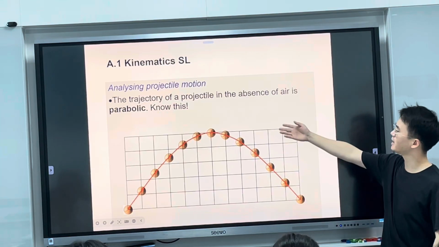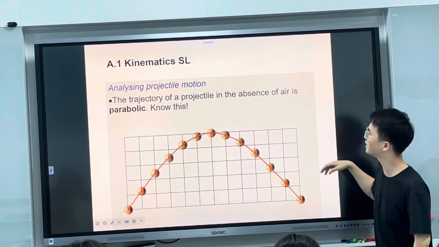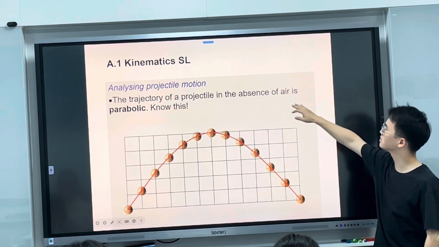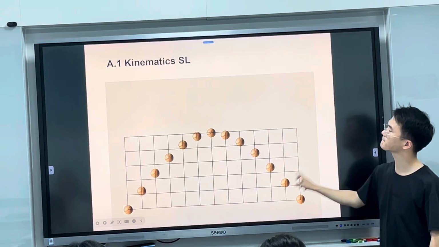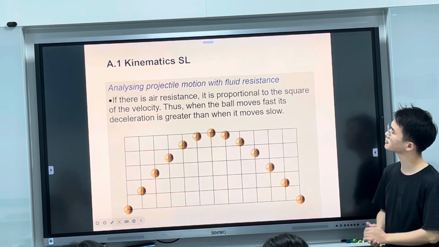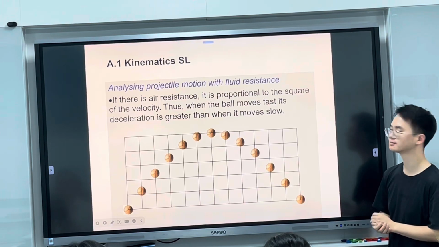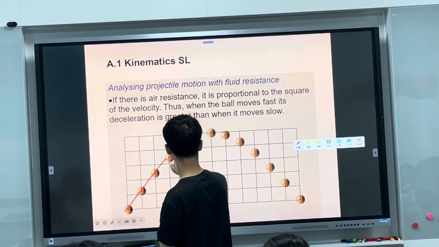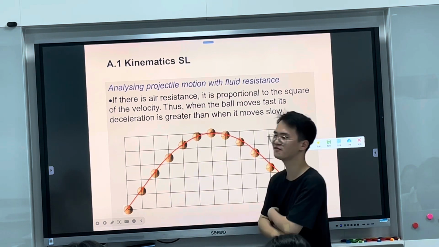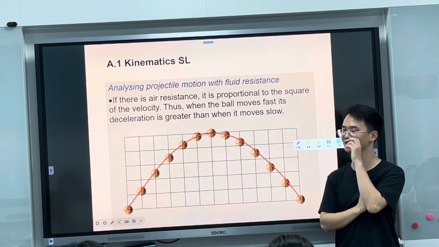All right, the trajectory is parabolic with the absence of air. So, what if there's air resistance? Without air resistance, it's a perfect ideal parabola. But what if there is air resistance? There's acceleration in the x direction, right?